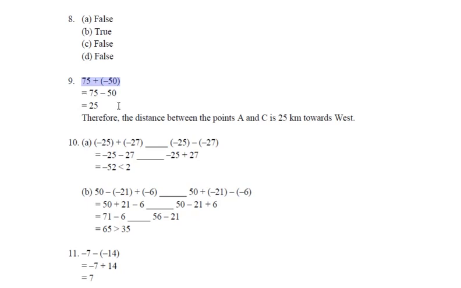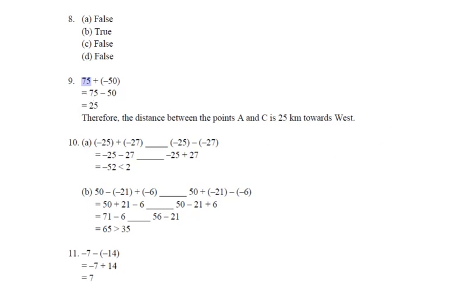So 75 minus 50 is how much? 25. Hence the distance between the points A and C is 25 kilometers towards west. Why west? Because we assumed that 75 is the distance he traveled towards west before.